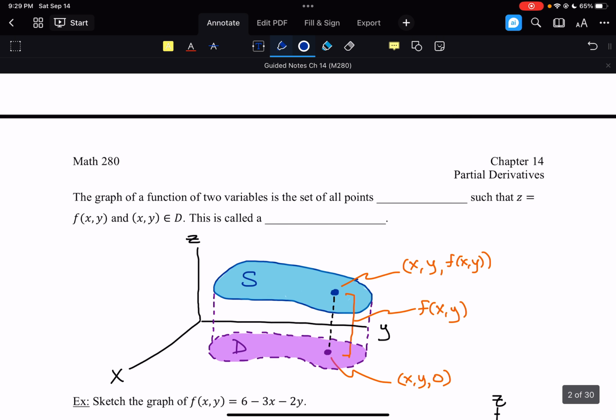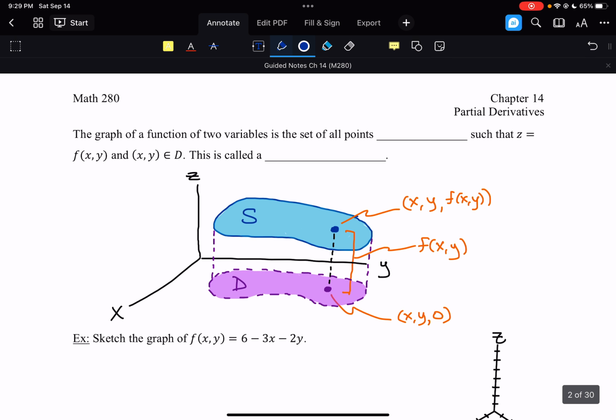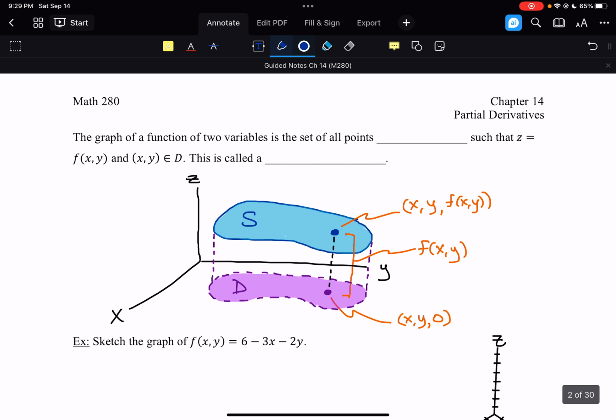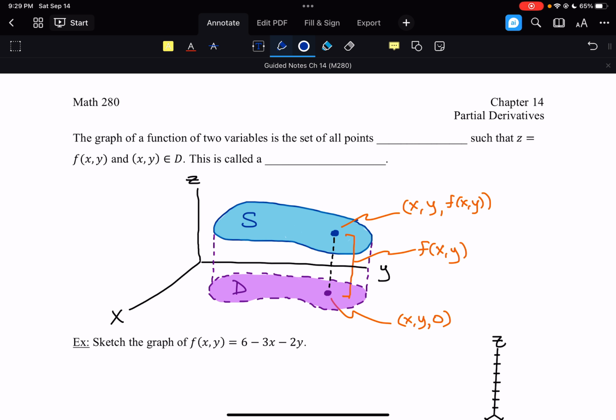Okay. So what I have here is kind of an arbitrary, just general surface that we're going to use to talk about some of these main ideas. So the graph of a function of two variables is a set of all points x, y, z that is an element of R3.